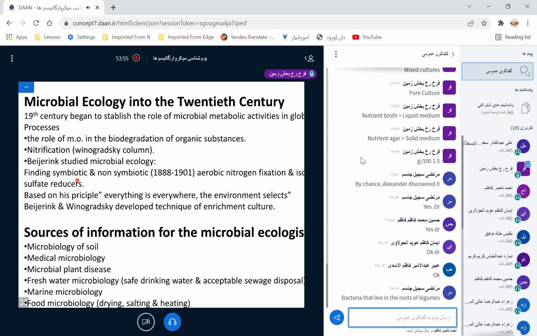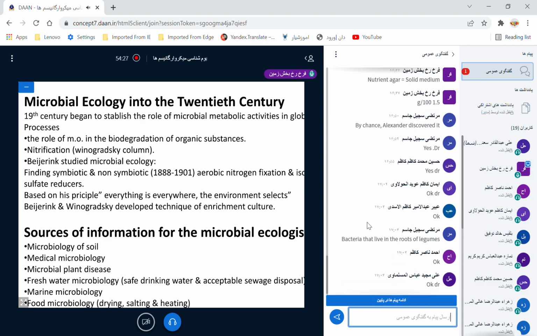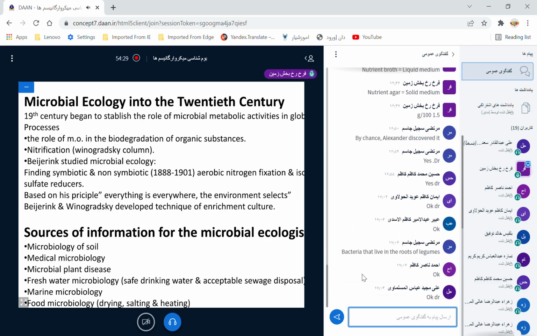For many hundreds of years, agriculture did it. Yes, of course, bacteria that live in the roots of legumes. So people, before understanding microbiology, used microbes in biotechnology. Before knowing what biotechnology and microbiology are, they did microbiology and biotechnology.